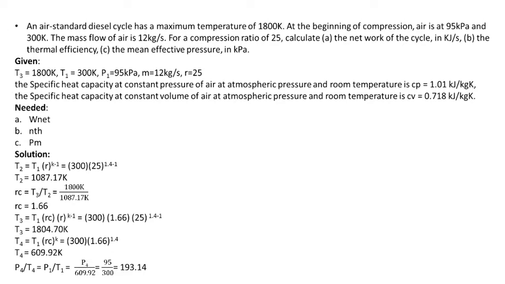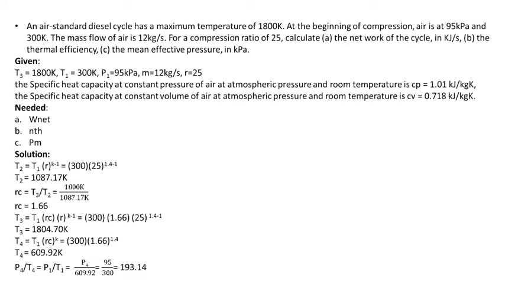Then it will become 1800 K over 1087.17 kelvins, getting a value of rc equals 1.66. T3 equals T1 multiplied by rc multiplied by r raised to k minus 1, will be equal to 300 multiplied by 1.66 multiplied by 25 raised to 1.4 minus 1. Then we will get a value of T3 equals 1804.70 K.